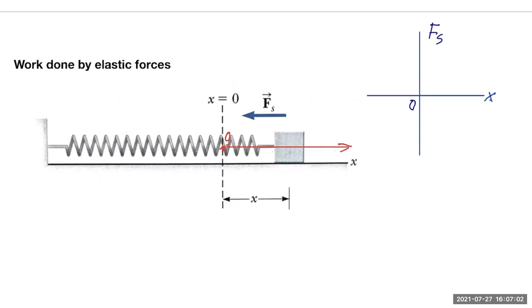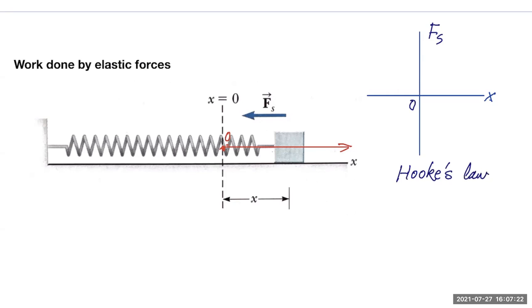So when you stretch the spring by twice as much, the spring will fight back with twice as much restoring force. You can think of this as an experimental fact known as the so-called Hooke's law, named after the English physicist Robert Hooke.